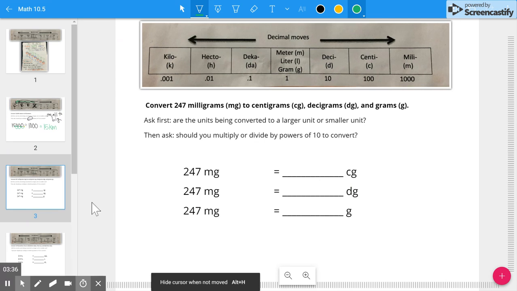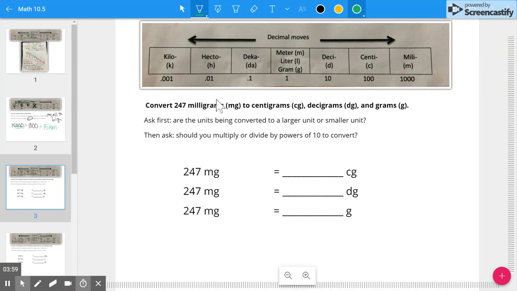This problem says convert 247 milligrams, which is abbreviated as mg, to centigrams, which is abbreviated cg, decigrams, dg, and grams, which is just a g. I first asked myself, am I going large to small or small to large? Just like we did with customary units.